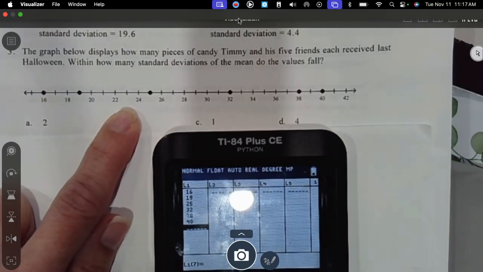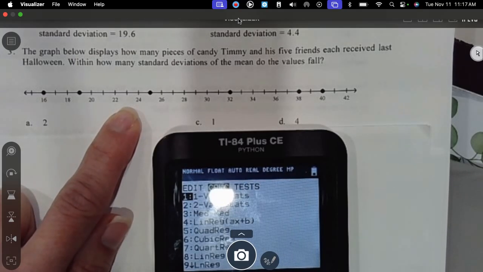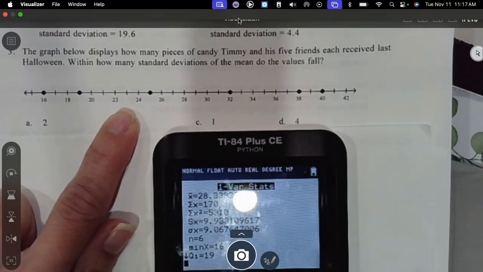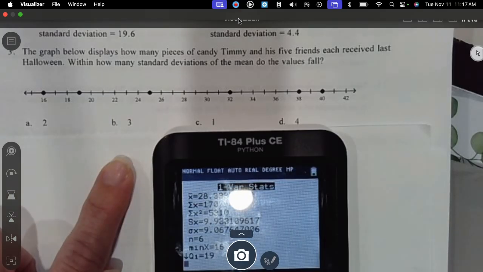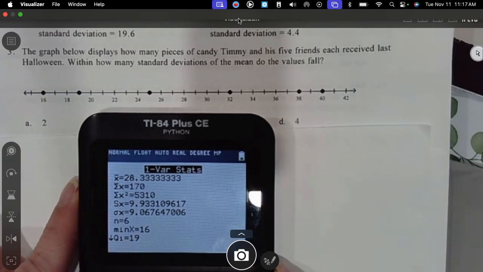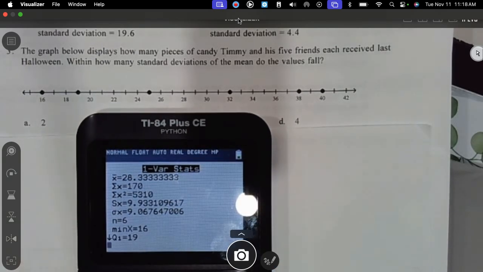Then we go to stat, calculate. And what is our mean? Whoa, hold on. I gotta write this down. Our mean is 28.3. So that's somewhere right here.